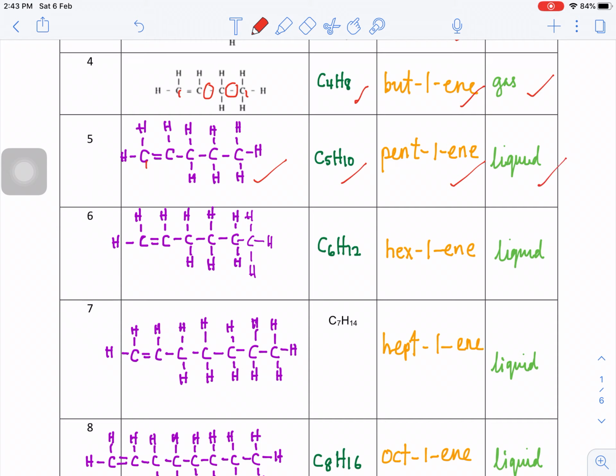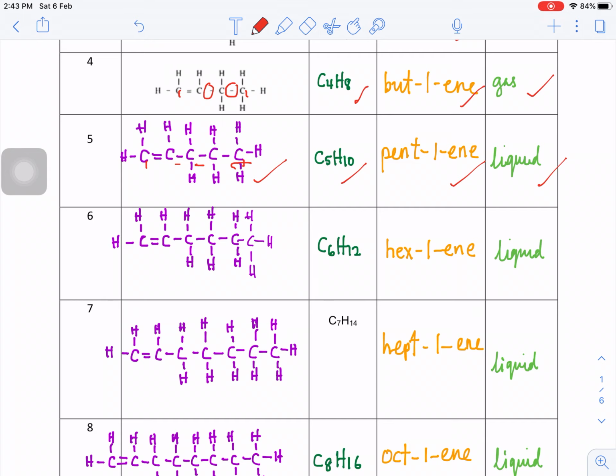If the double bond is located at carbon number 2, the name will be pent-2-ene. When the double bond is located at carbon number 3, they will call it pent-2-ene because it starts numbering from here.